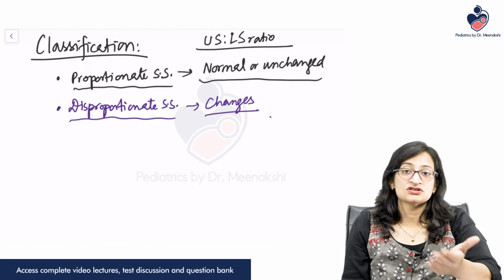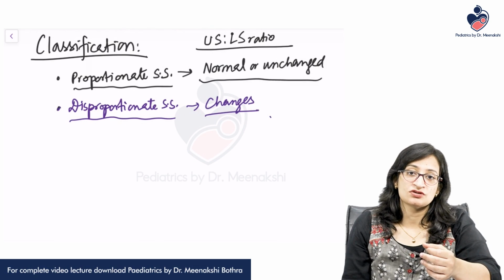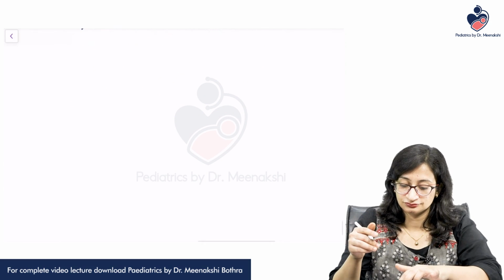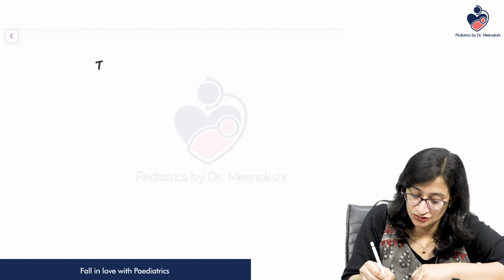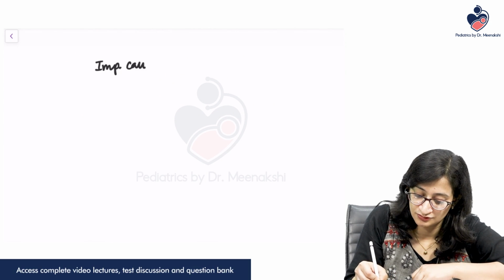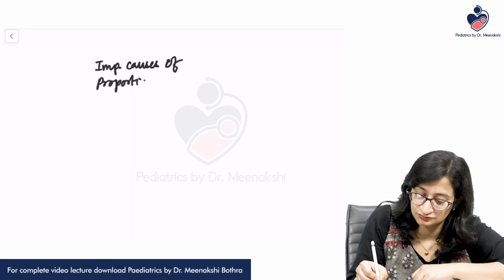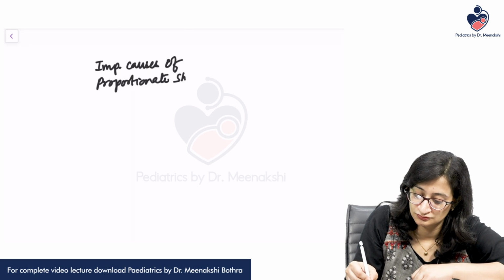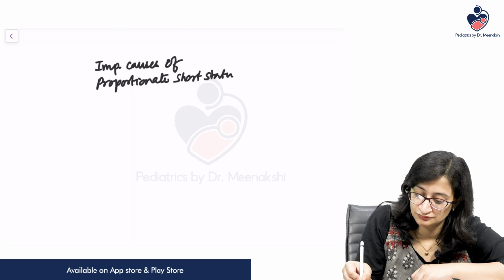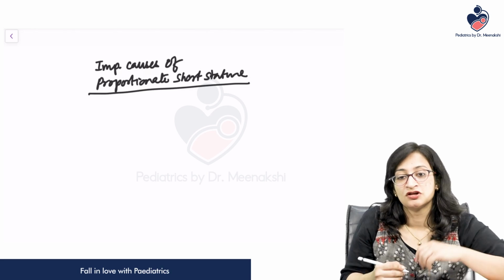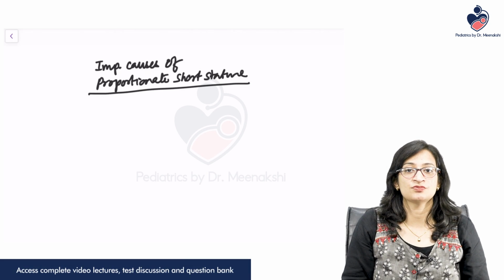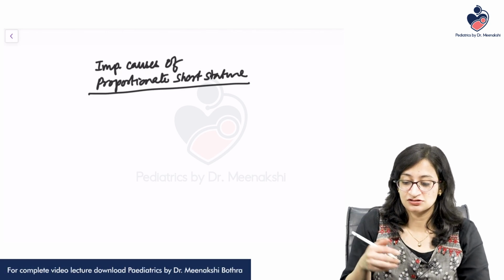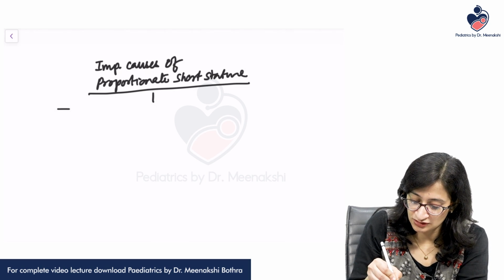So now moving on to some important causes of proportionate short stature. In order to make it easy to remember, we can classify the important causes of proportionate short stature into three categories. One is normal variants.